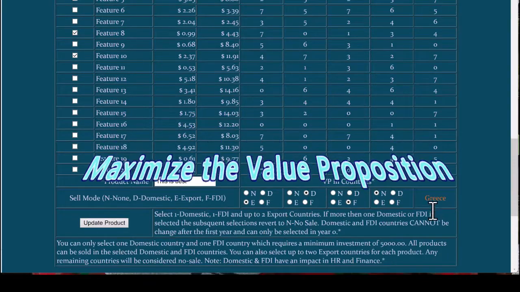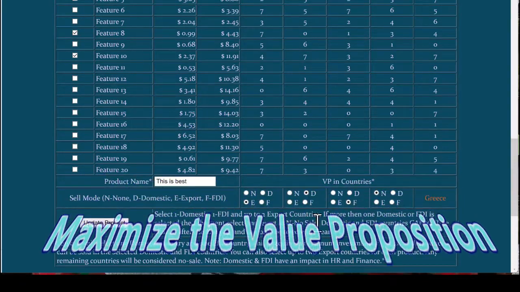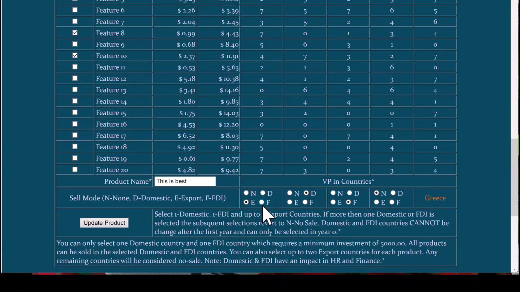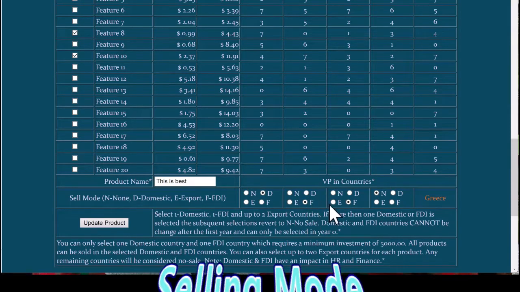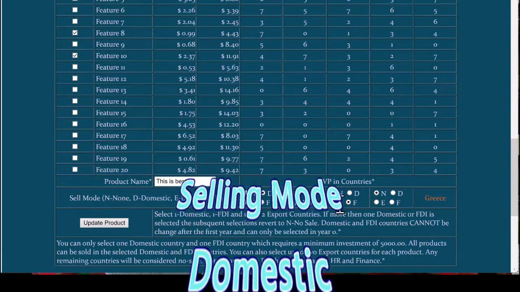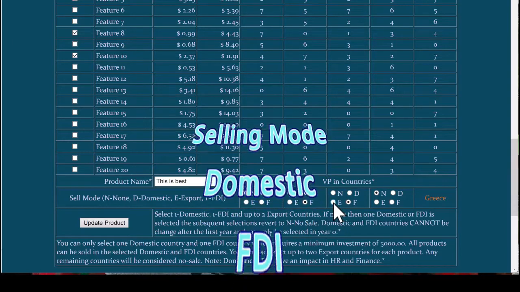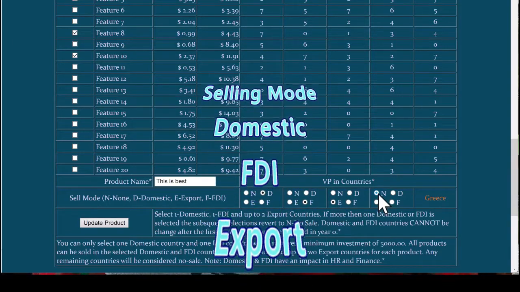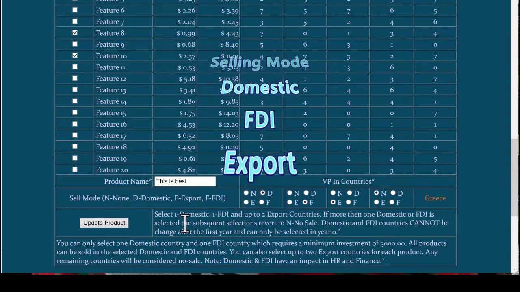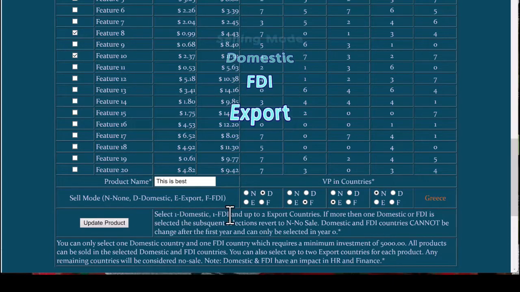To select product features, you would select the checkbox. Once you've completed that, the next step is to determine the selling mode of the particular product in a country. Product screen 1 also controls the determination of the domestic and the FDI markets.